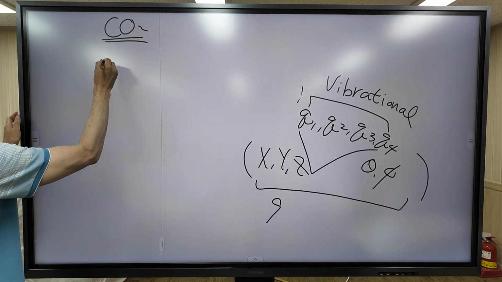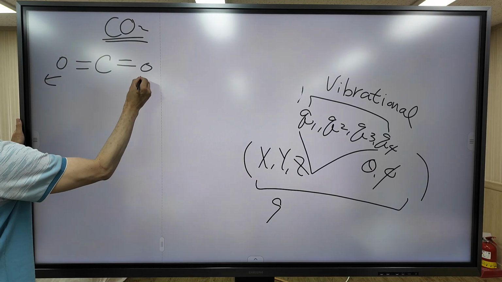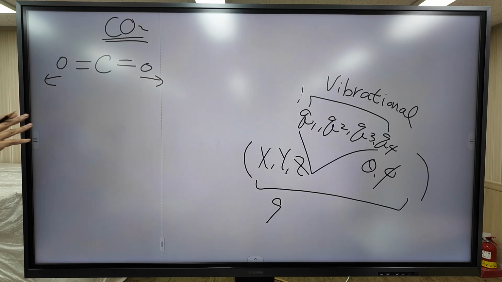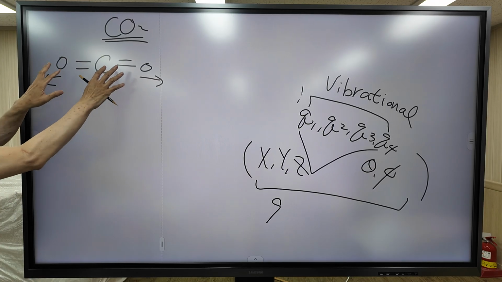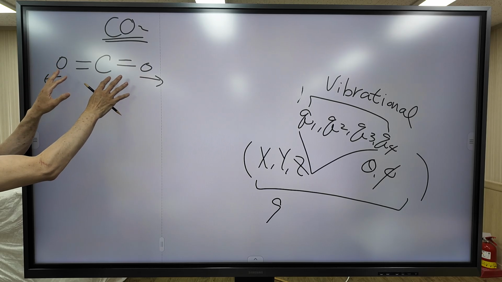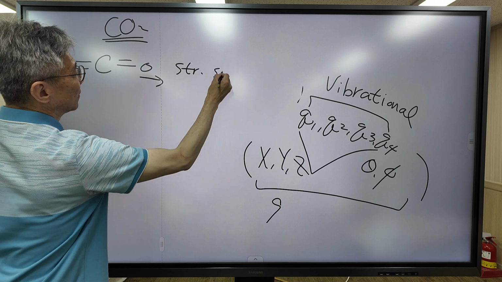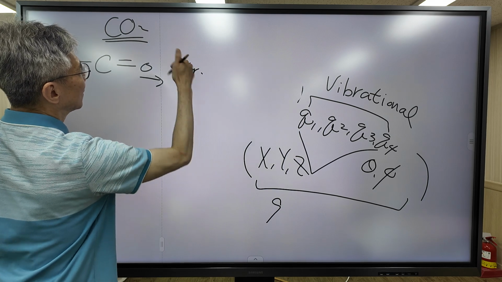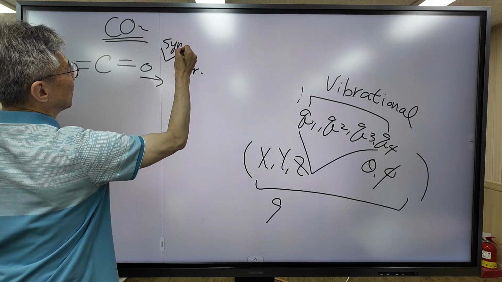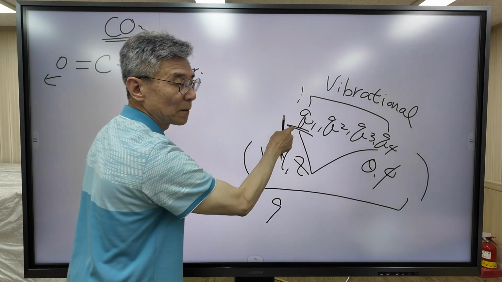The first type of motion is symmetric stretching. In symmetric stretching, both bonds stretch and compress simultaneously, in phase. This one is designated by Q1.